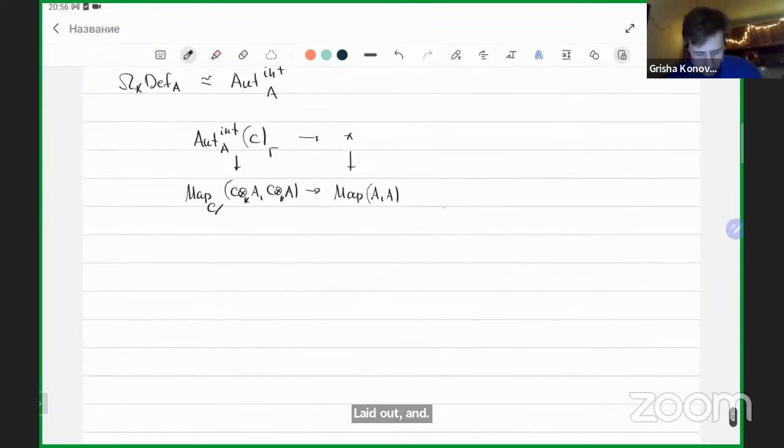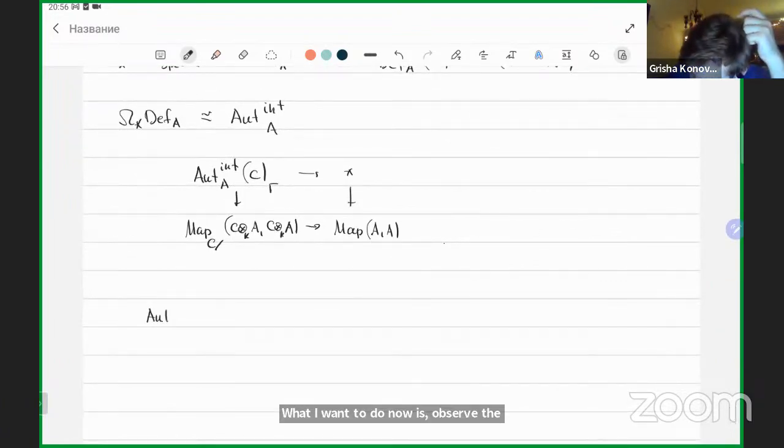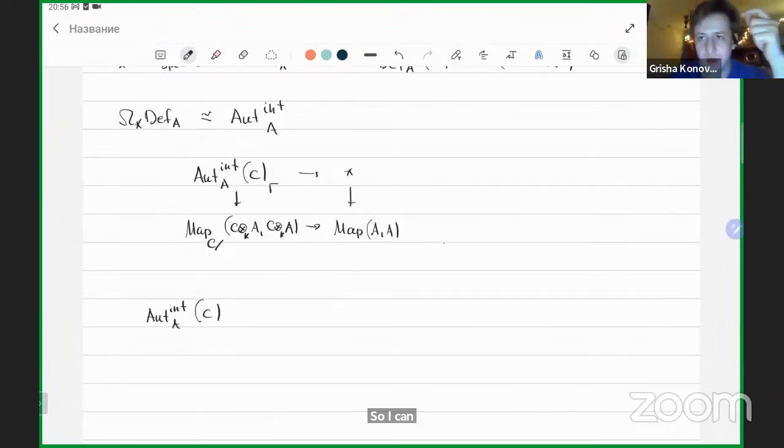What I wanted to do now is observe the following. I can rewrite the formula for the values of this group on an algebra C as follows.